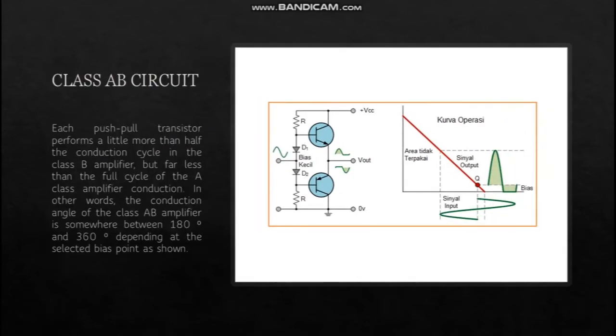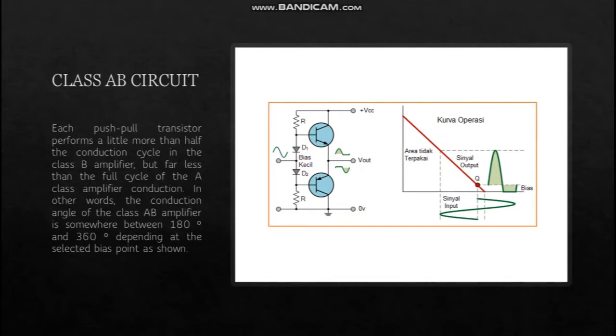Class AB circuit. And this is the picture from class AB. Each push-pull transistor performs a little more than half the conduction cycle in the class B amplifier, but far less than the full cycle of the class A amplifier conduction.